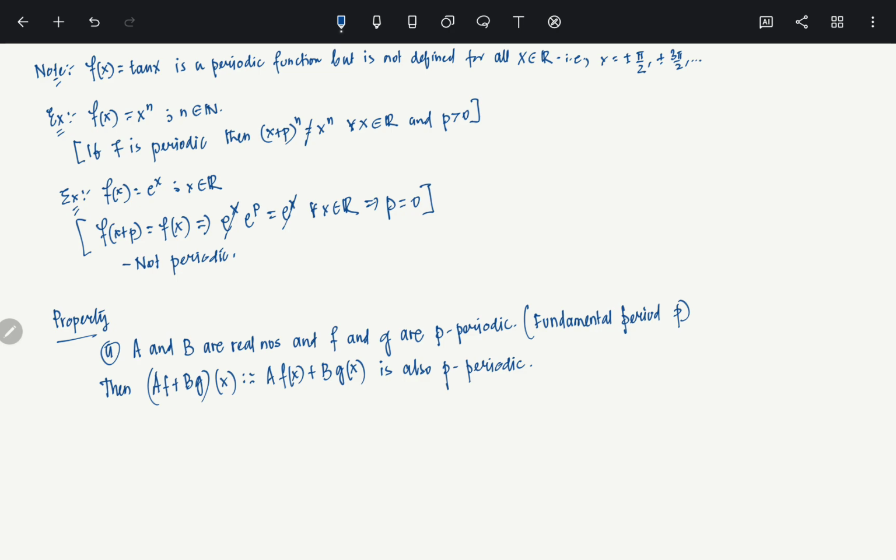Now the whole point of our trying to understand periodic functions is that we want to talk about when we can represent functions. So the question is: why are we studying periodic functions?